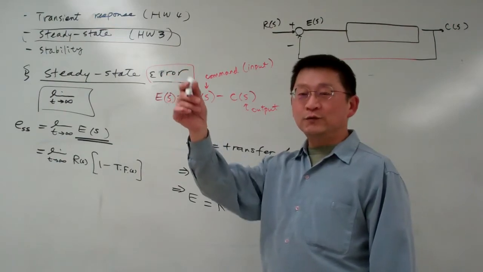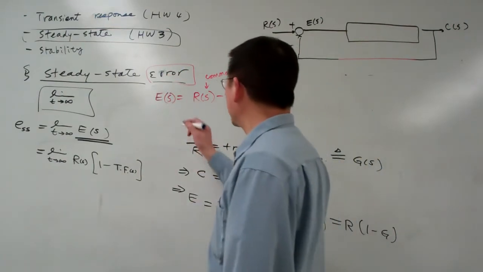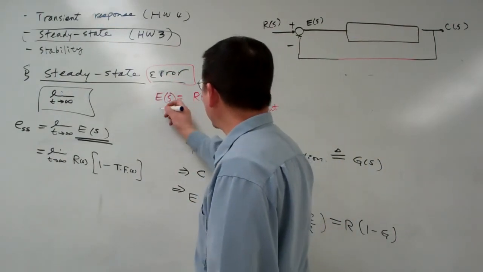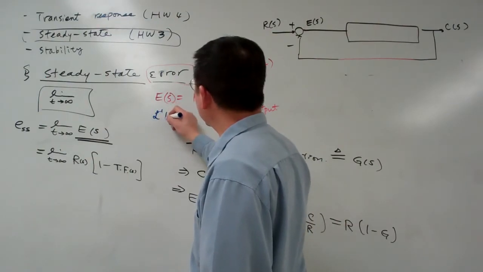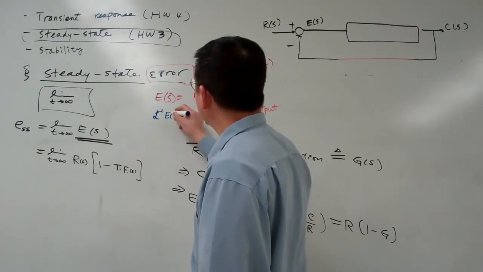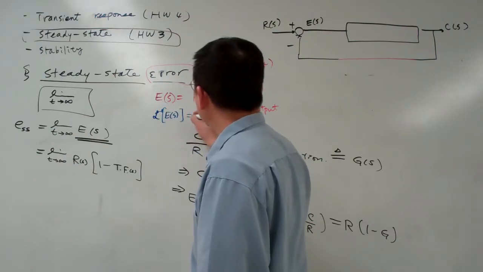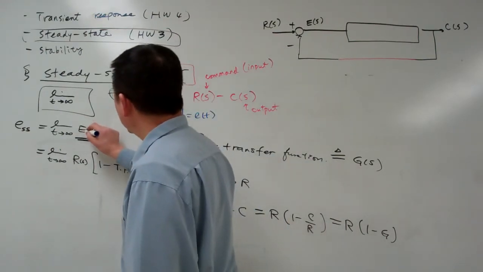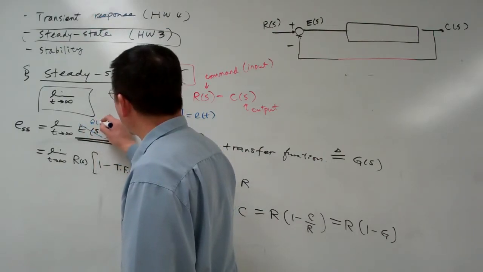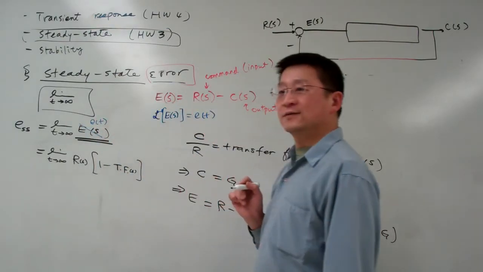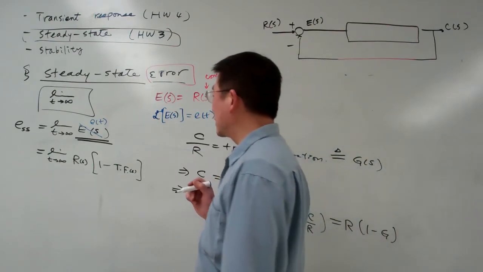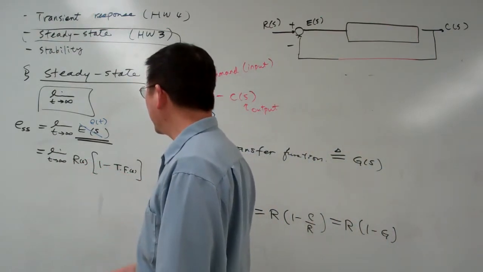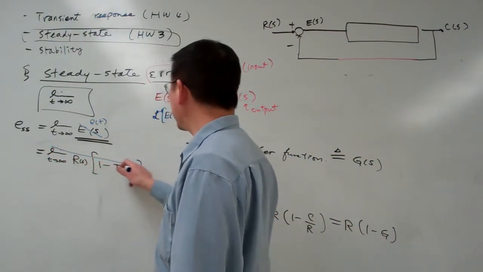Here I use blue to add more information. So this is the definition, and once we take the inverse Laplace of E of S, it becomes E of t. So rather than using this, we have to work with E of t here. This one won't be good, so let me delete it.